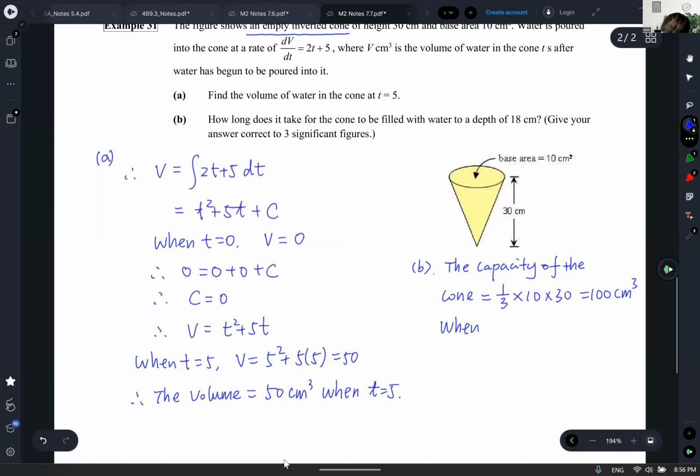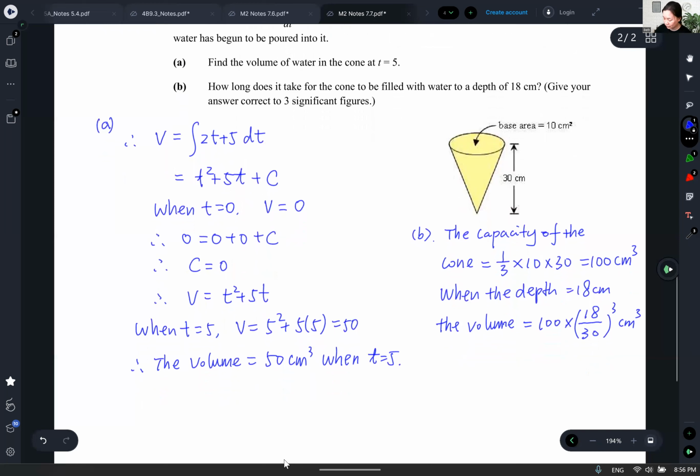When the depth equals 18 cm, the volume equals 100 times 18 over 30, cubed.